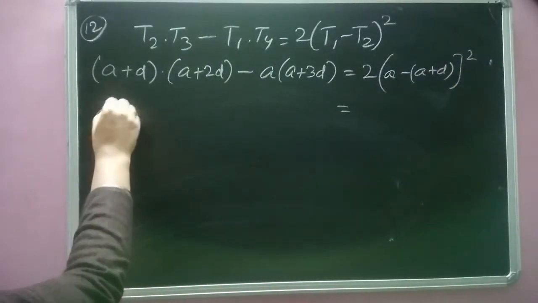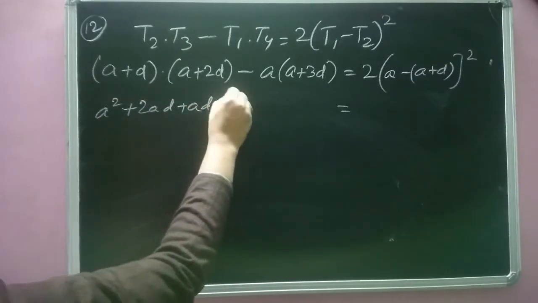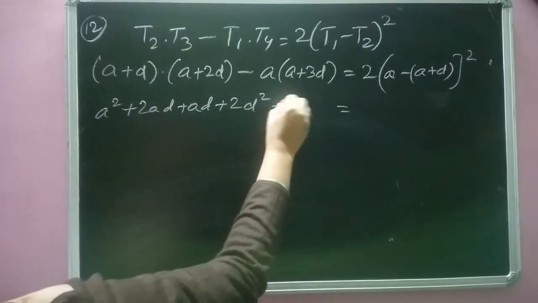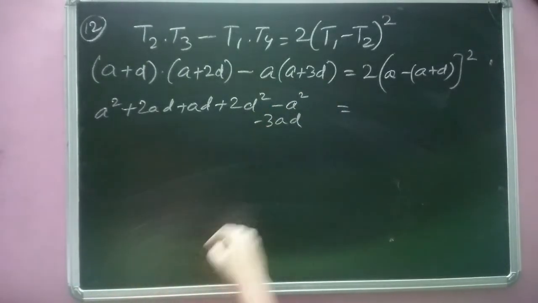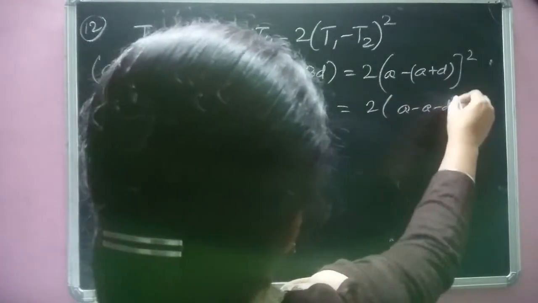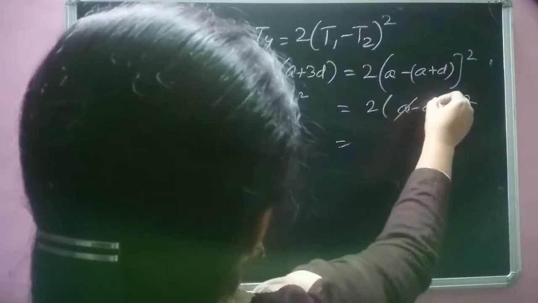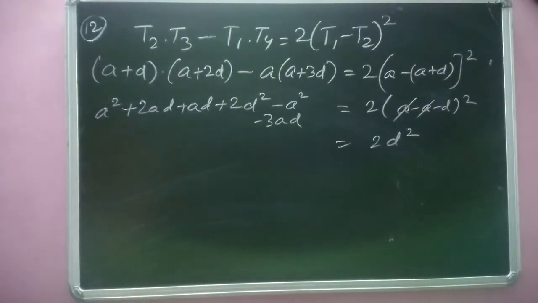So after simplifying you will get A square plus 2AD plus AD plus 2D square minus A square minus 3AD, and this side 2 times A minus (A plus D) whole square. So this becomes 2 into D square. So right side you have 2 into D square, and left side also you should get 2 into D square.